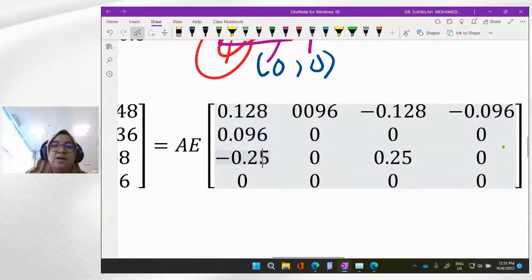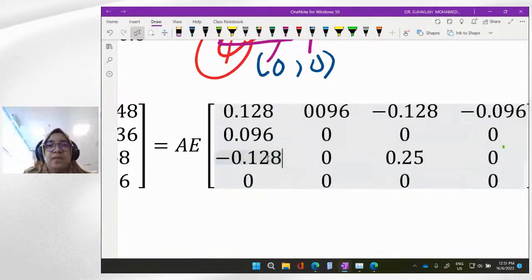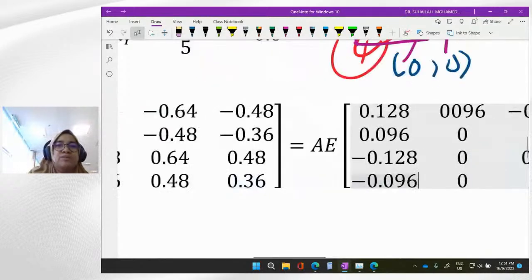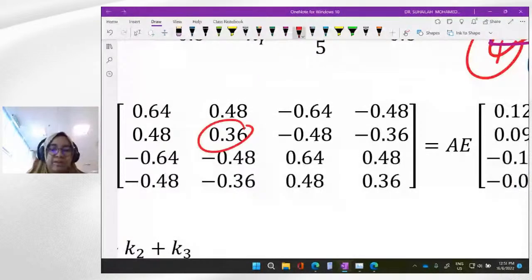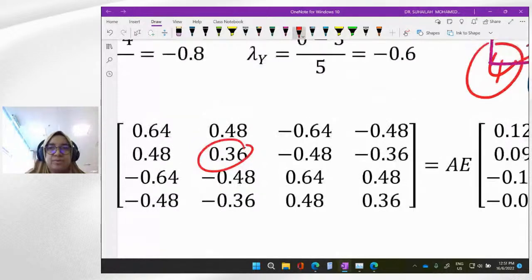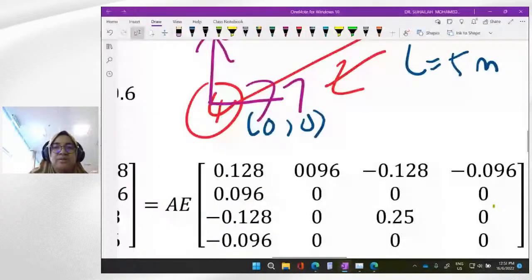Then we get 0.128, then negative 0.096, then 0.096. For this position, it is 0.36 divided by 5, which is 0.072.